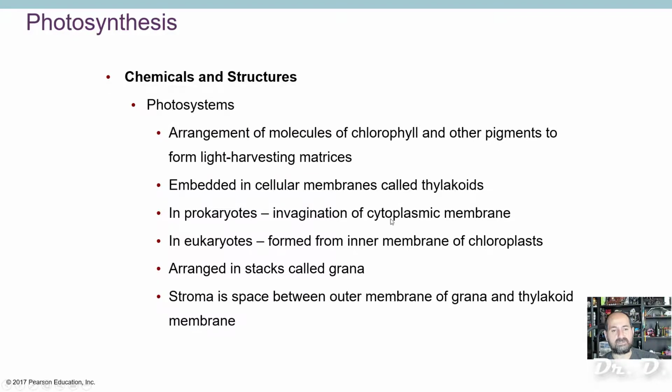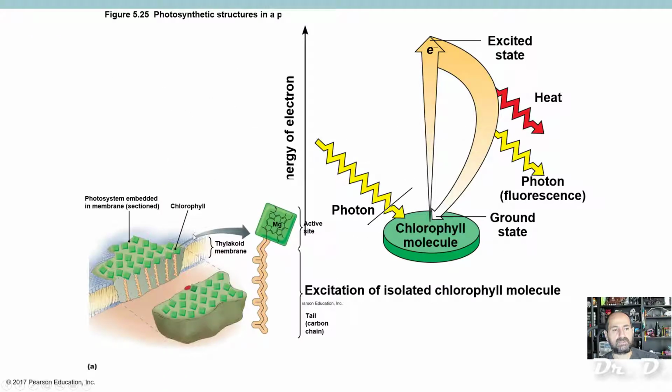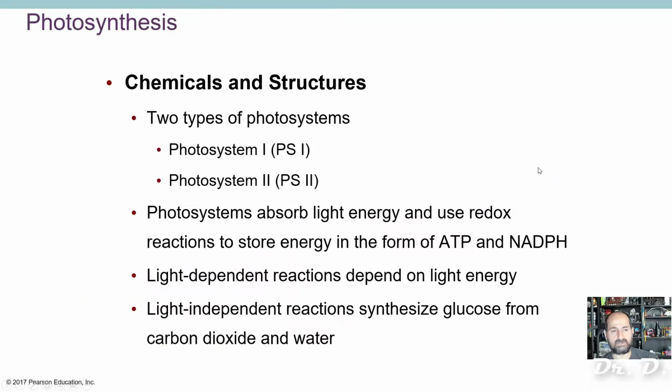Okay, so this is what we're talking about. And again, you can see what the pigment molecules do. Remember, pigment molecules become excited by photons of light. What does that mean? That means their electrons go to a higher excited state, a higher energy state. And when those electrons come back to the ground energy state, that's when energy is released from the pigment molecule.